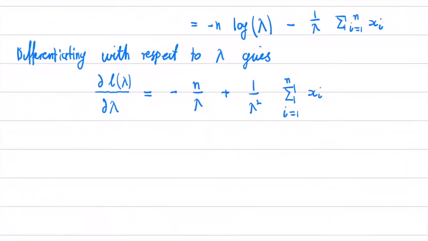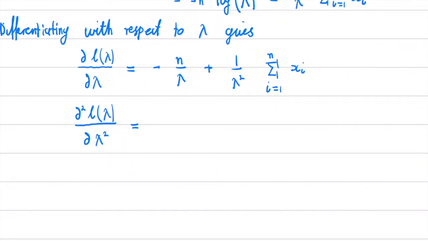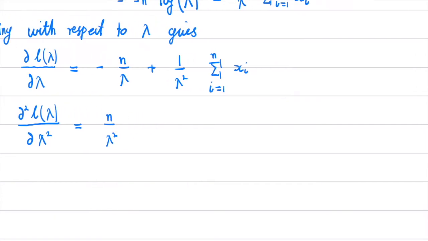And now, again, we're going to find the second derivative with respect to lambda. This will come in handy afterwards when we have to prove that it's a maximum. So we're going to do the same thing here. What is the derivative of negative n on lambda? That actually becomes n on lambda squared. And now we have to differentiate 1 on lambda squared.